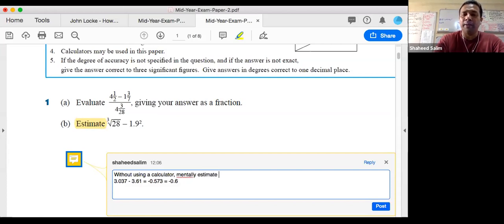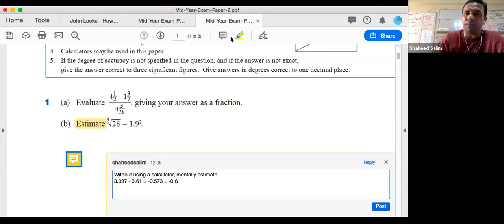You find a number that can be cube rooted, so in this case it's 27, and 1.9 you change to 2. But again, there's no clear sign because I can do my calculation and get 0.573. Correct? So don't worry too much about this type of question.